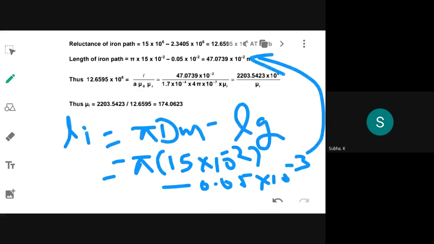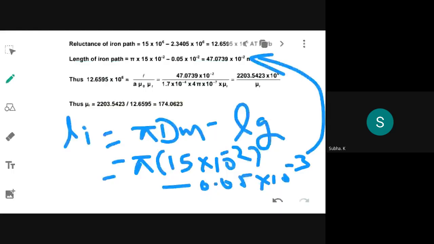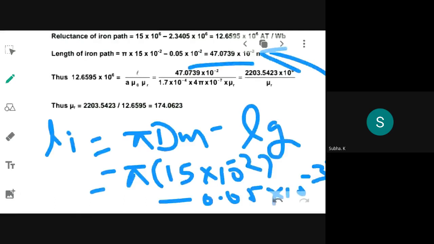So are you getting 47.07 into 10 to the power minus 2 meter?